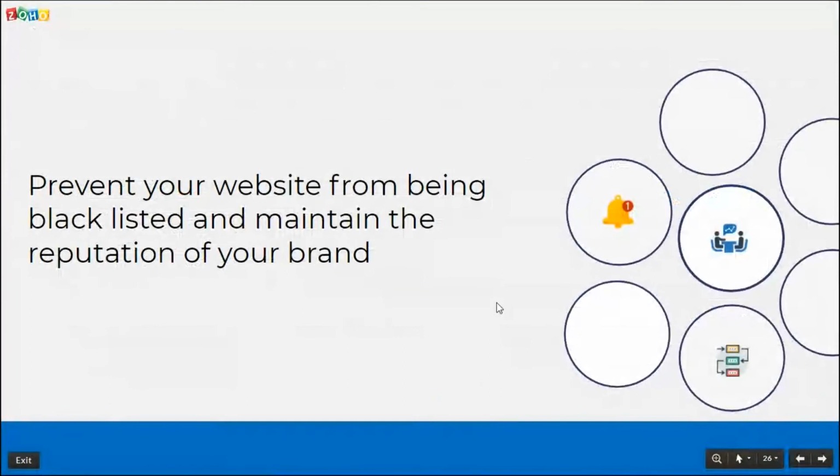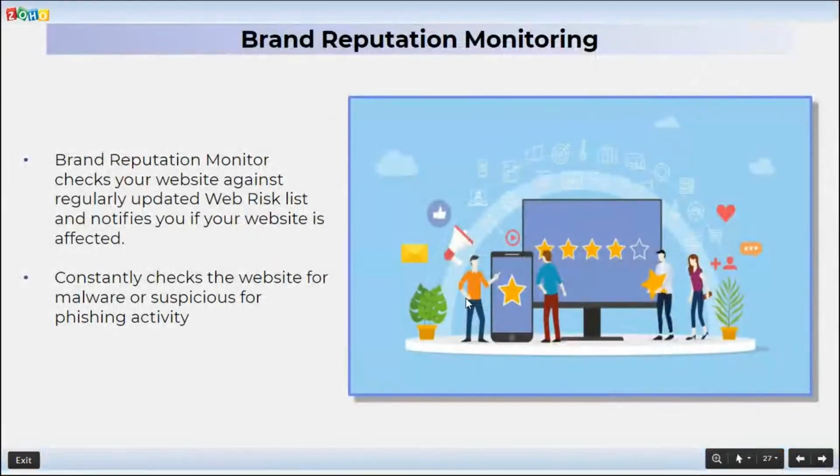Let us quickly move to the presentation to look at the final part of this webinar, that is how can you prevent your website from being blacklisted, and how can you essentially use it to maintain the reputation of your brand. So what the brand reputation monitor is designed to do is it basically regularly checks your website against regularly updated standard web risk lists, and it notifies you if it finds any discrepancy there, saying you're missing this particular thing off your list, and perhaps you should take a look at it.